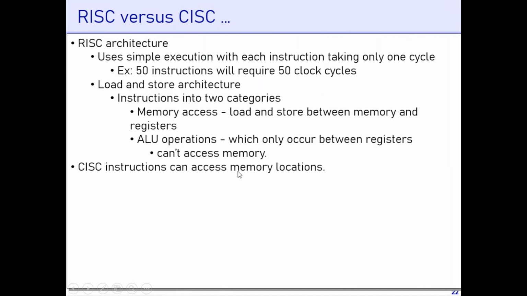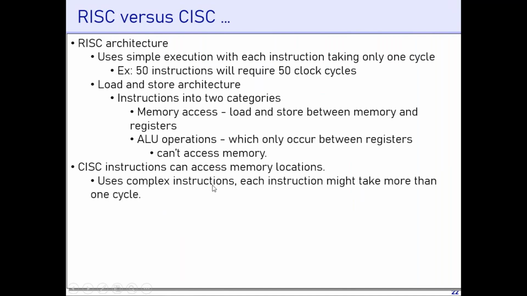CISC instructions can access memory locations. They will use complex instructions. Each instruction might take more than one cycle. Example, if you are running 50 instructions in CISC, they can take more than 50 cycles to execute. There is no fixed number, it is completely variable based on which instruction you are running. Because of that, pipelining becomes difficult.